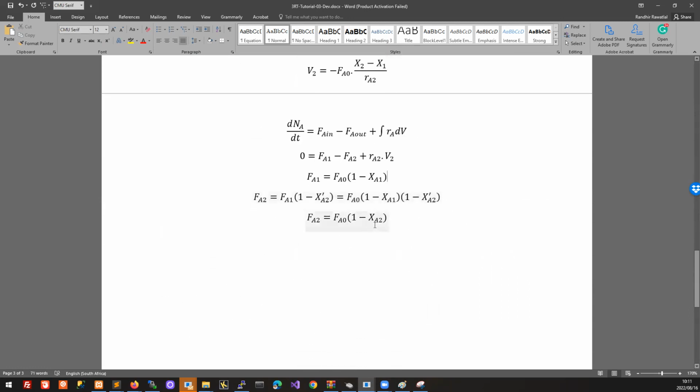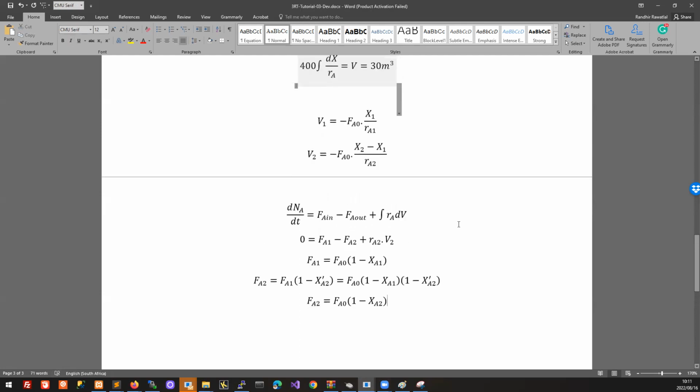You want to be quite specific about the meaning of conversion. These are two different conversions. This is a conversion in the second tank only. This is the overall conversion. And I'd rather work with the overall conversion.